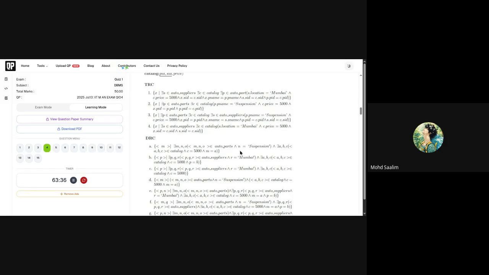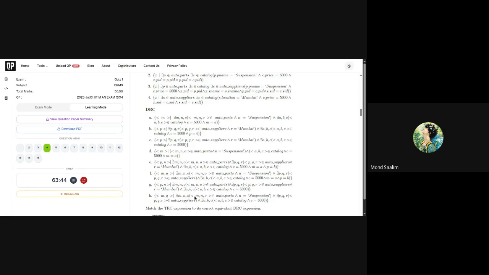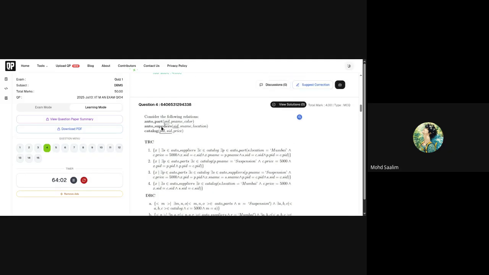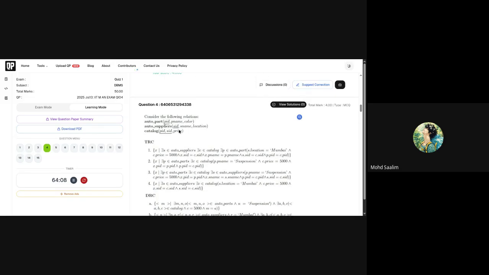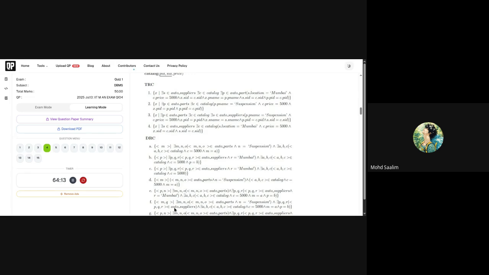In this, we need to find out those DRC where two attributes are returning. If I see this, N is for S name, and this M is for SID, and Q is for auto suppliers.